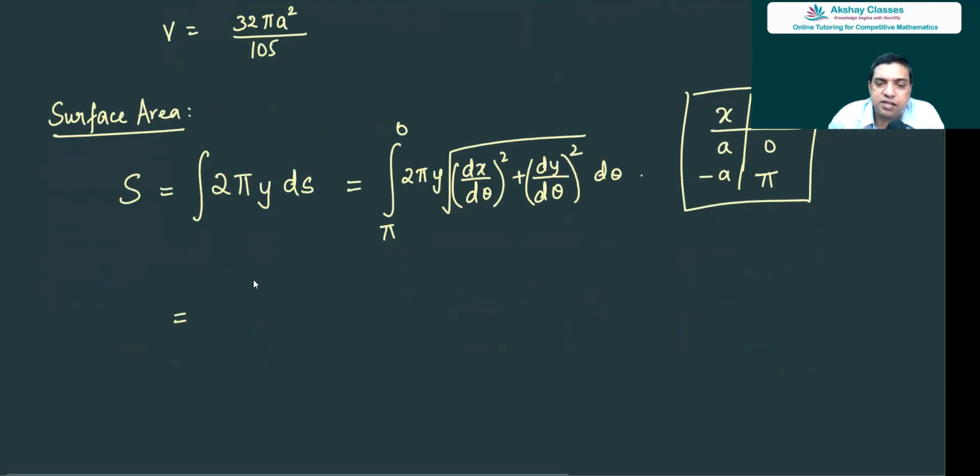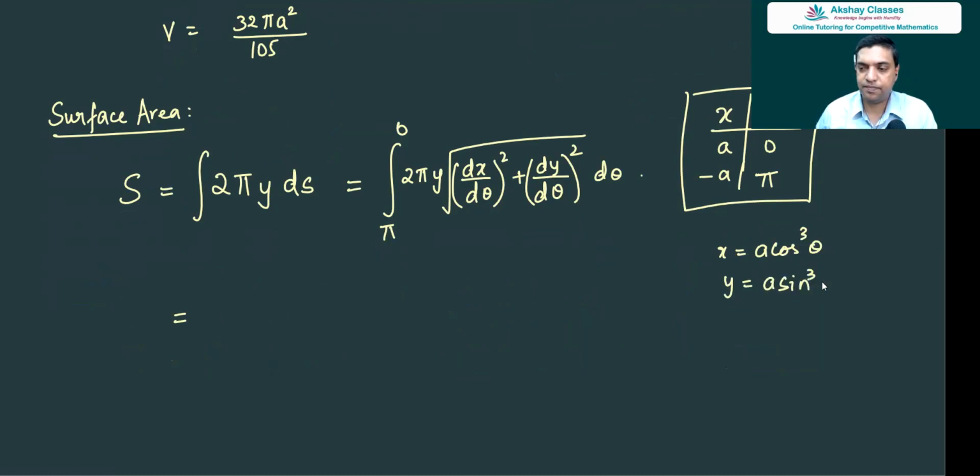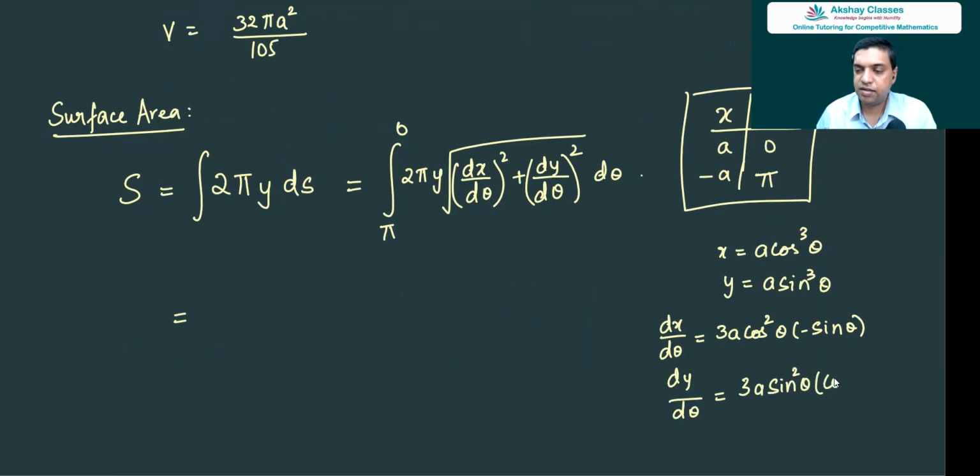Now let's do this. So x is equal to a cos cube theta, y is equal to a sine cube theta. Now dx by d theta is equal to 3a cos square theta into minus sine theta. Dy by d theta is 3a sine square theta times cos theta.